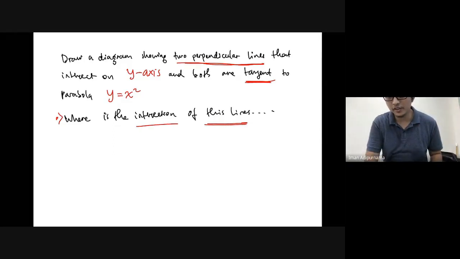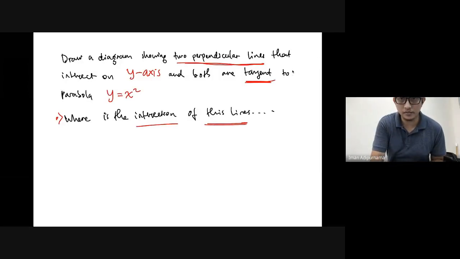If the slope is 0, then the line will be horizontal, so it's not possible to be 0.